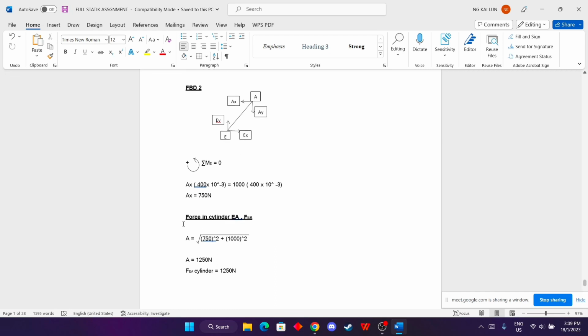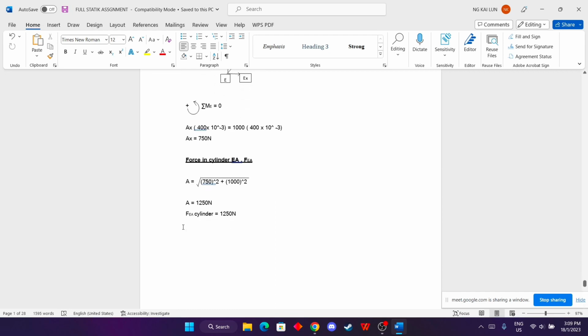The force at EA, and then A equal to the square root of 700 squared plus 1000 squared, and then A equal to 1250 Newton, and we got the force of the cylinder is 1250 Newton.